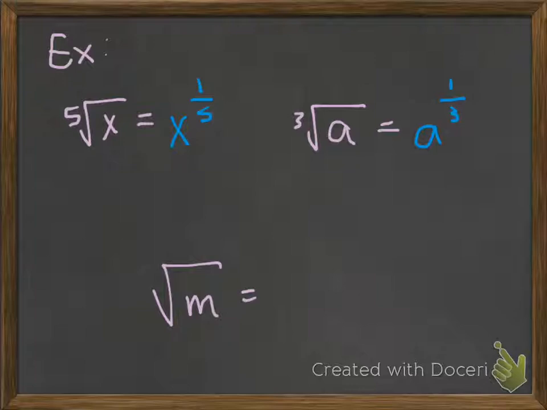And lastly, I'm taking the square root, so it's implied to have a 2 here. Just like when something's raised to the first power, we don't write the 1, when I'm taking the square root, we don't necessarily write the 2, it's implied. So this is m to the 1/2 power.